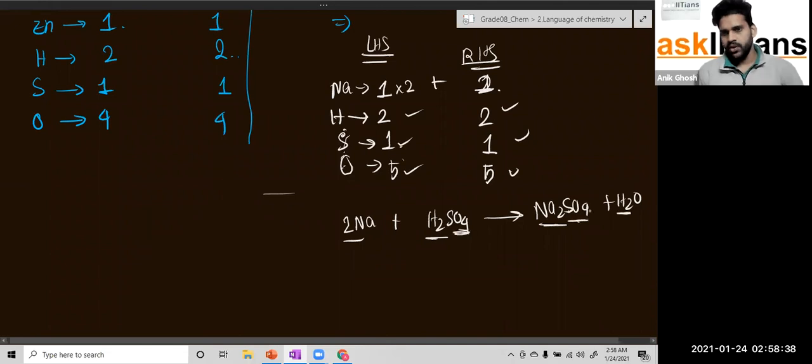Sodium 2, sodium 2, SO4, SO4, 2, 2. Fine. So this is how you need to balance this chemical equation.